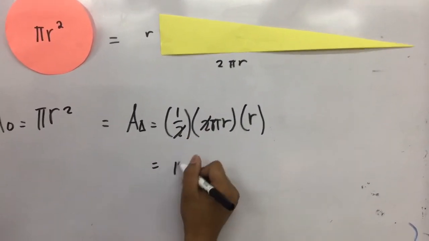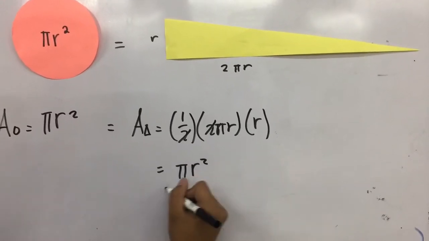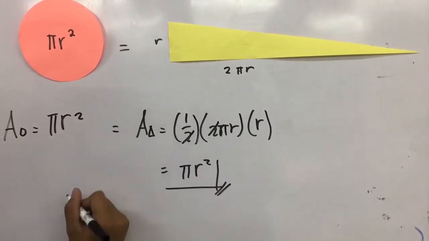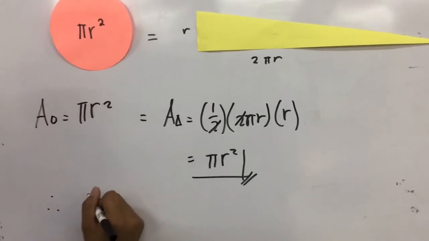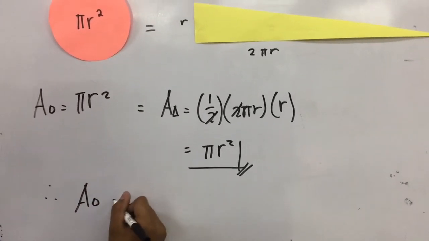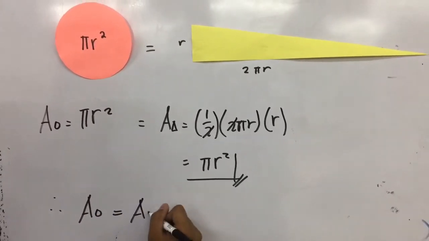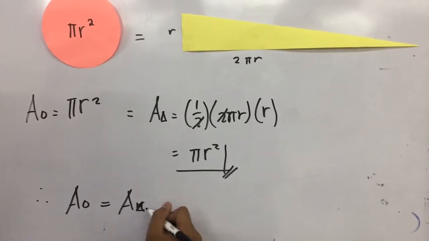Canceling out 2, it equals pi r squared. Therefore, the area of the circle is equal to the area of the triangle.